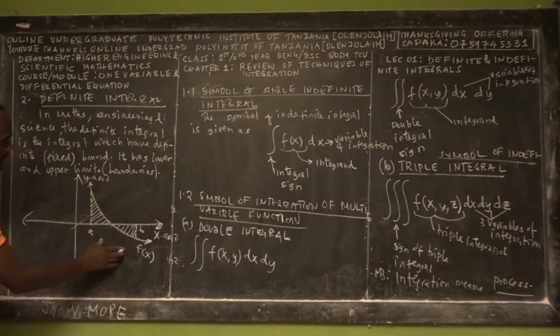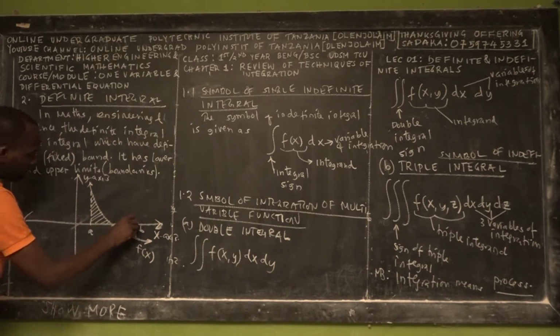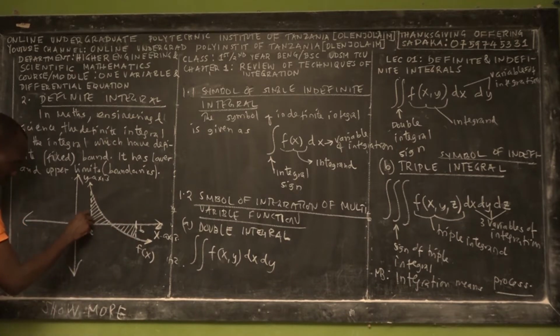It means we can find the fixed value, because we know this is the lower limit and this is the upper limit. And this is the graph for the single variable function, right?